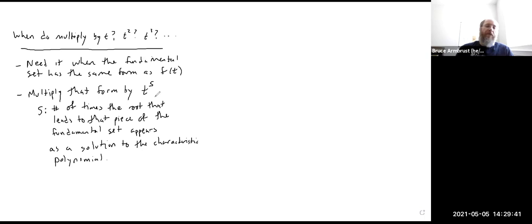So if it shows up just the one time, kind of like we saw with that example with e to the 2t, since it only showed up one time as a root, we multiplied by t.